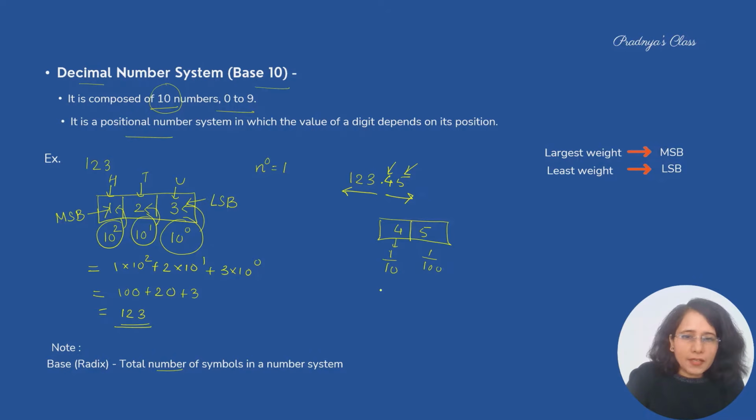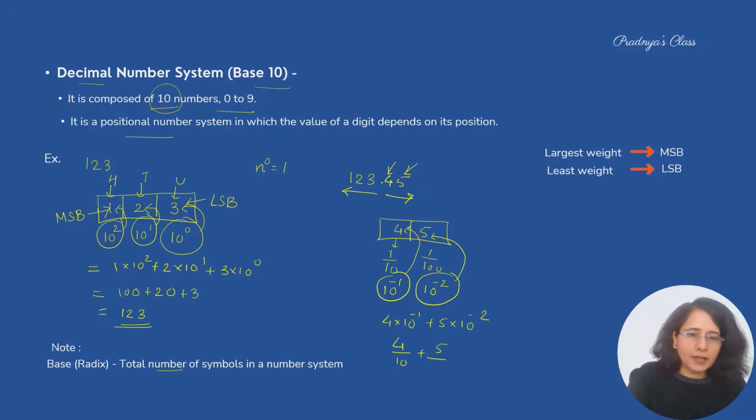There is another way to write it: this is 10 raised to power minus 1 and this is 10 raised to power minus 2. Now let's multiply these positions with the respective digits. So we will get 4 into 10 raised to power minus 1 plus 5 into 10 raised to power minus 2. We can write it as 4 divided by 10 plus 5 divided by 100.